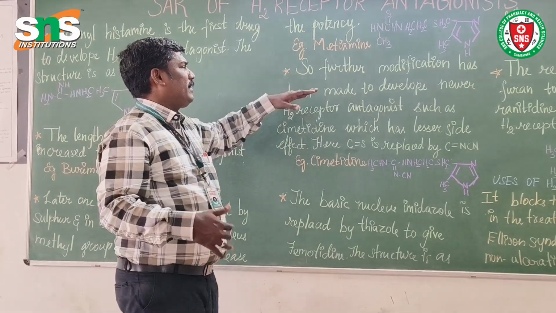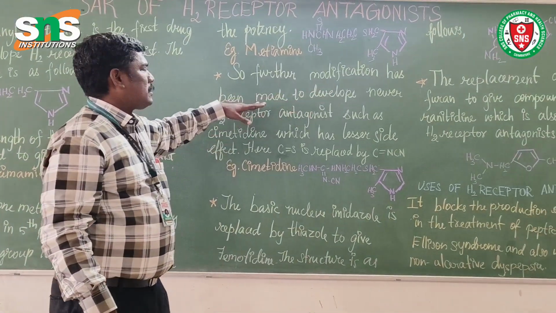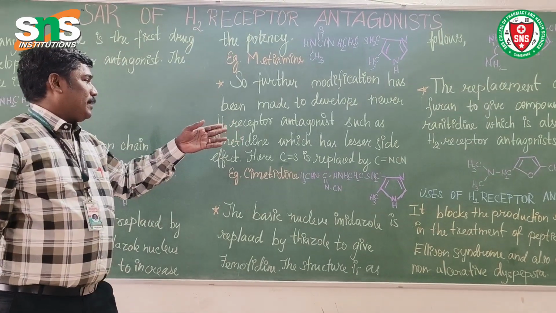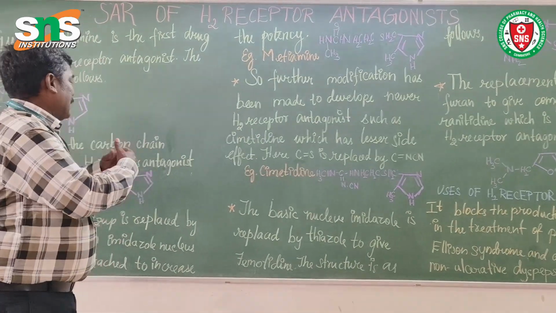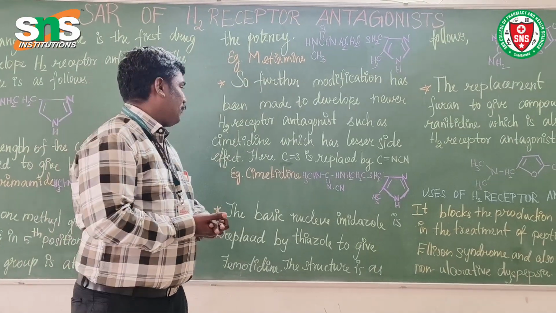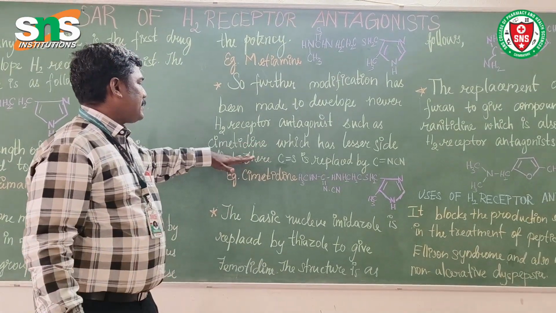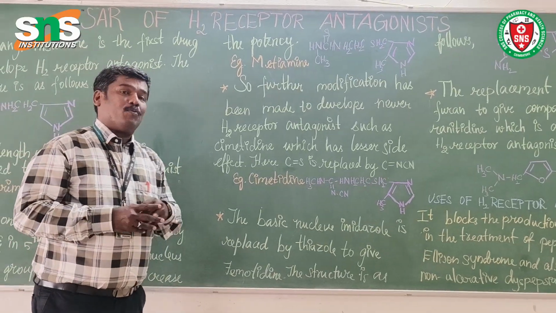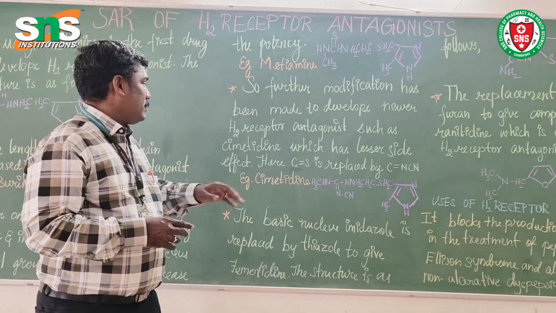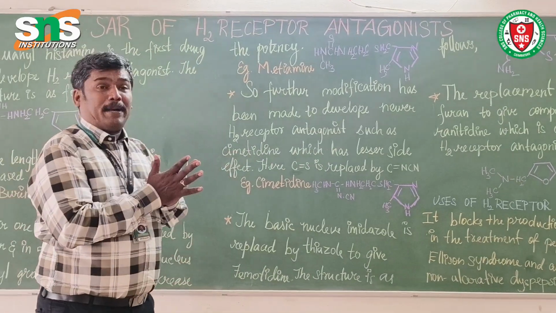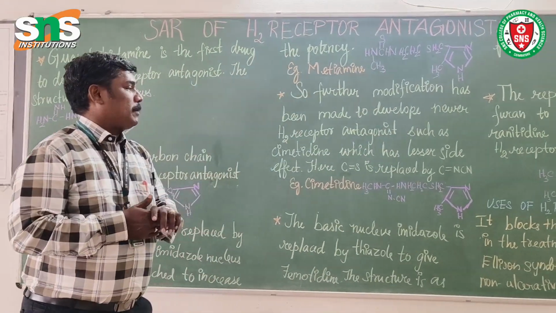Later, further modifications were made to develop newer H2 receptor antagonists. First they started like this, and later they made many modifications to give the latest drugs. We might have heard about compounds like Cimetidine and Ranitidine. Cimetidine has fewer side effects compared to other H2 receptor antagonists.